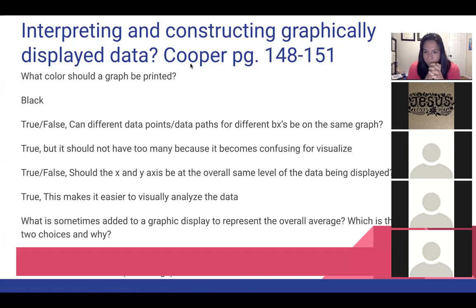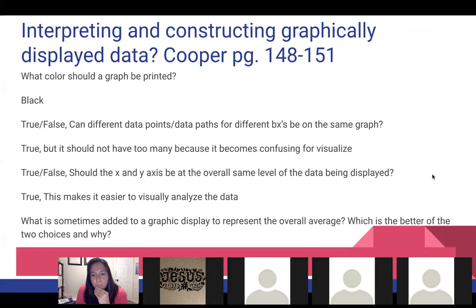Mean, median, and range. Ashley, you're on the right track. So what is that called? Average. Okay, and that has a name.